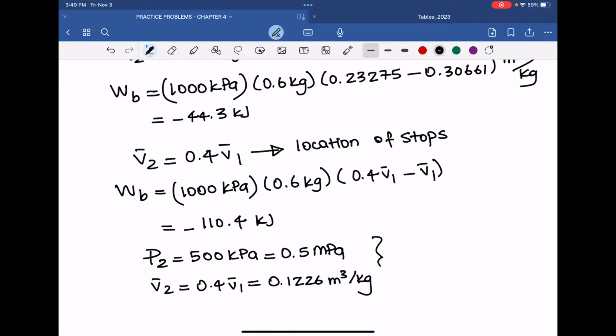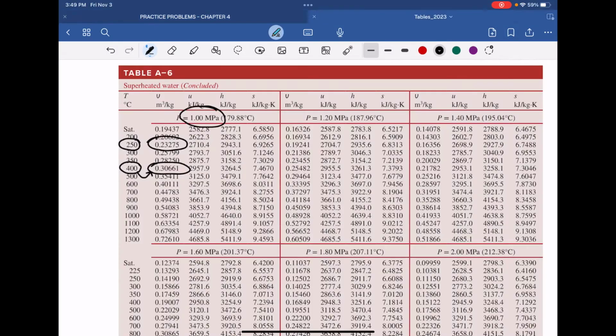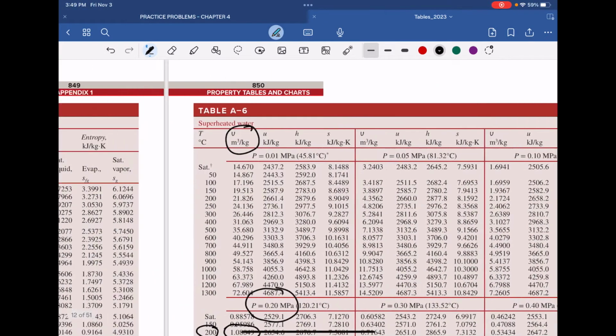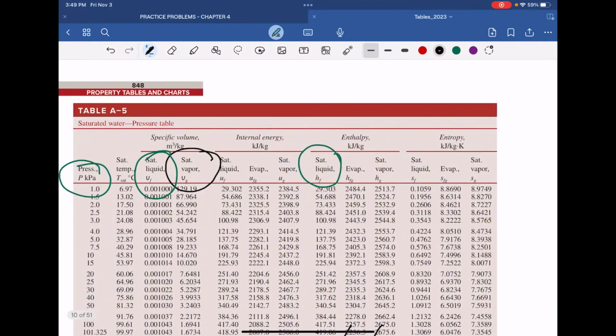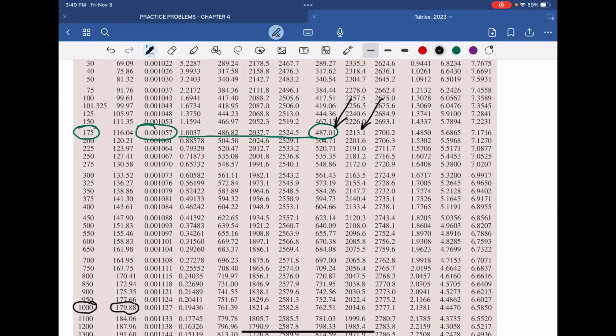You should be able to look at the tables at 500 kilopascal, and our specific volume is 0.122. Also, it is a mixture. Okay, so if it's a mixture, now what you need to do is first find the quality.